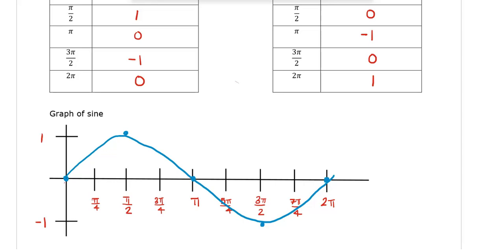At pi over 4, sine is equal to √2 over 2. √2 over 2 is a decimal of about 0.7, so it's less than 1, above halfway, and it would be about there.